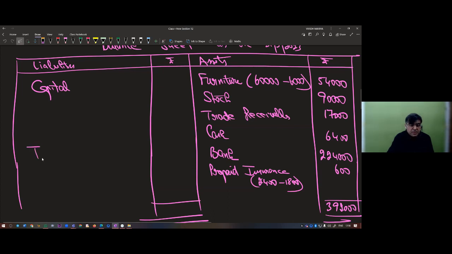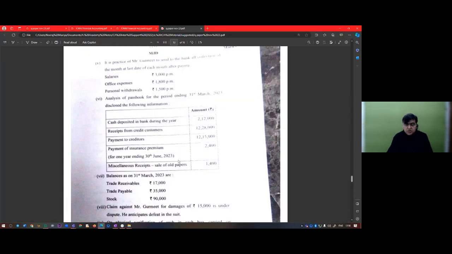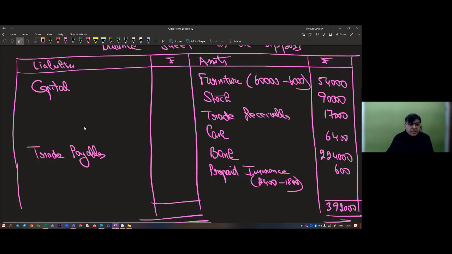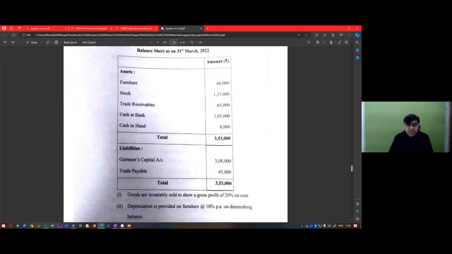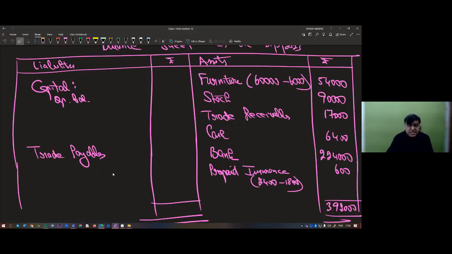Capital, trade payables. Trade capital, opening balance. Opening balance is given, 308. Add net profit.